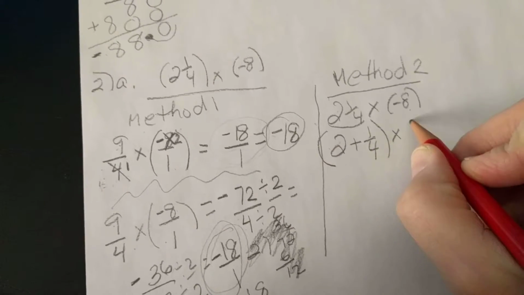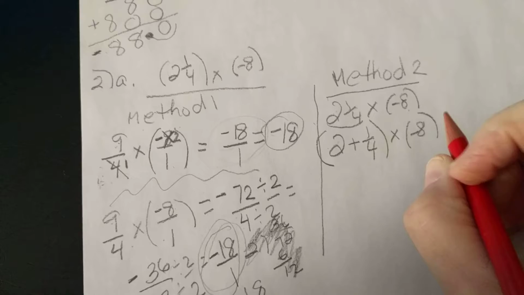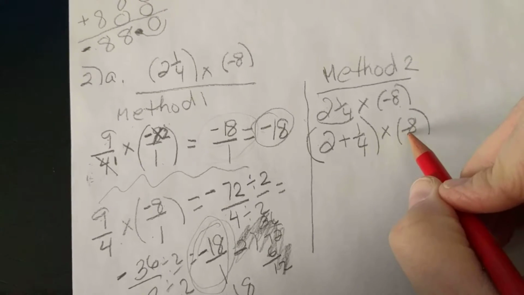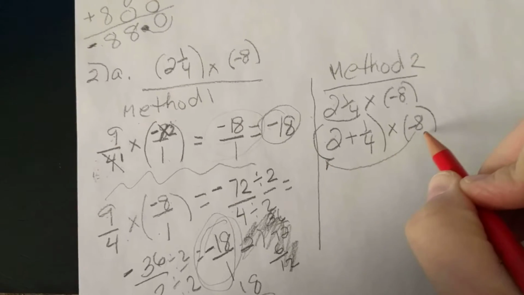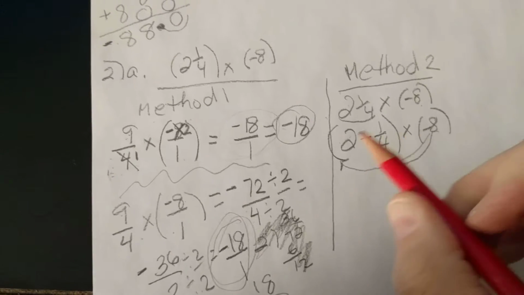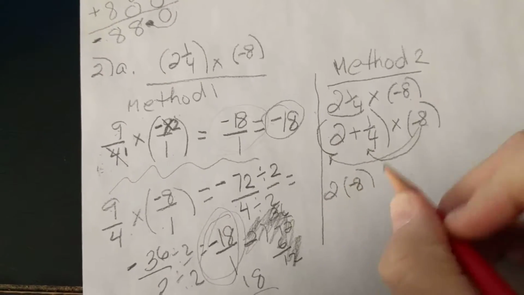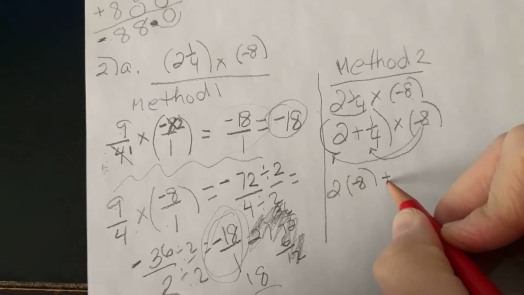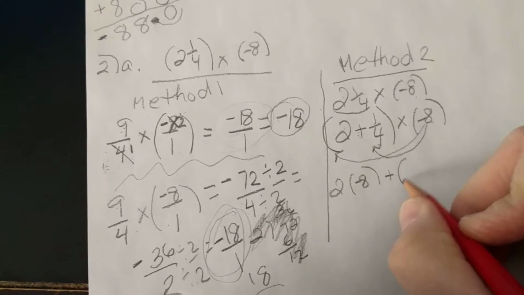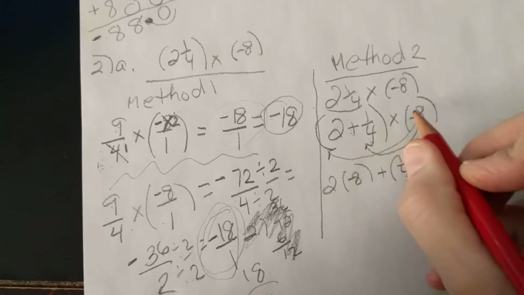And what I'm going to do is I'm going to multiply all of this by negative 8. So what we're doing here is we're using the distributive property. So I'm going to take 2 and times it by negative 8. Plus, I'm going to take 1/4 and times that by negative 8.